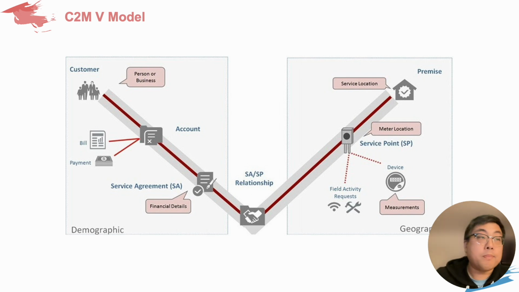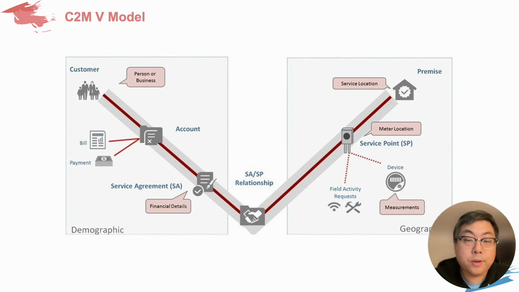It can be either import, if the customer is using energy from the utility, or export, which means the customer, for example, has a solar panel and exports the energy back to the grid.